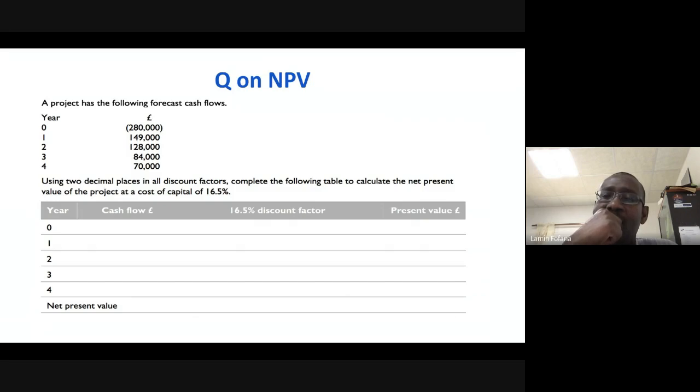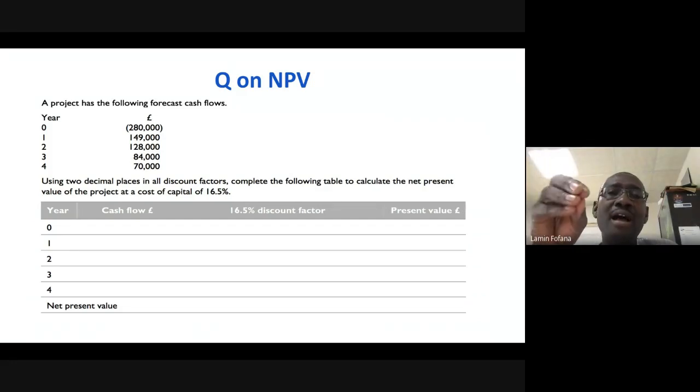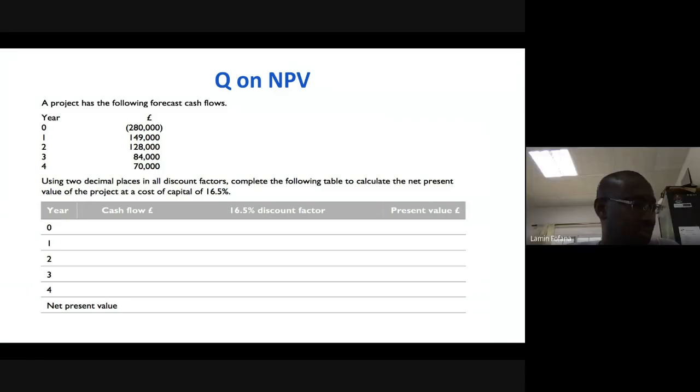So of all the methods, the only method that accepts those notional costs or notional income is the ARR, the accounting rate of return. But the rest are all based on cash flow. Okay, is that clear? Yes, thank you. Good.